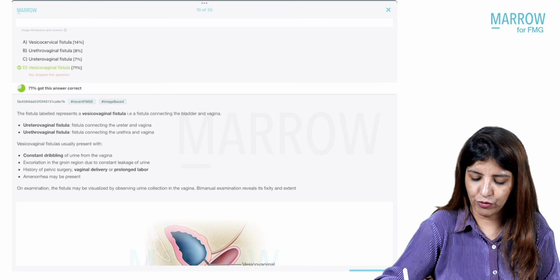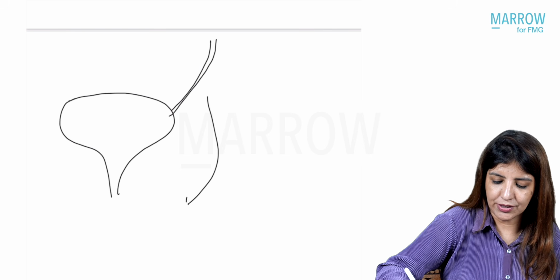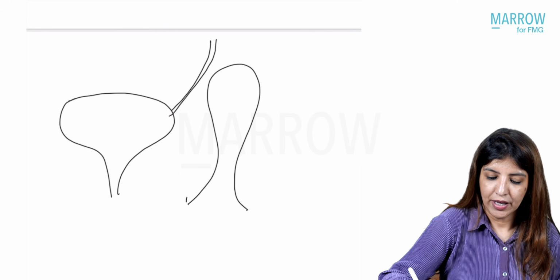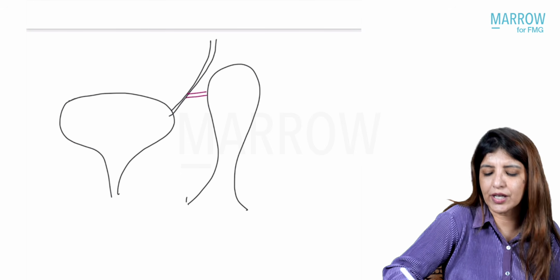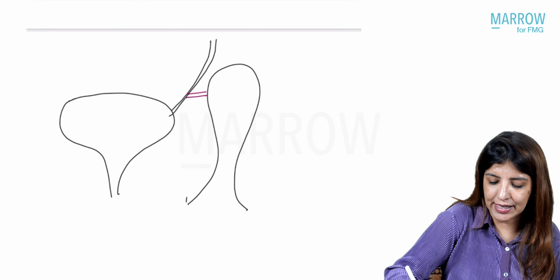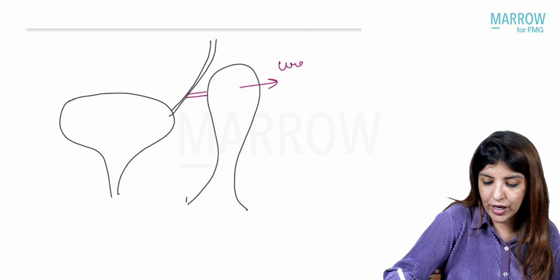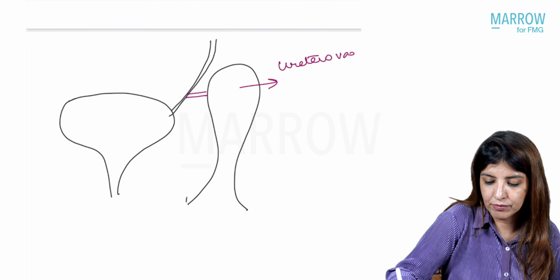I'm drawing the bladder for you. This over here is the bladder, right? This over here is the ureter, and this is the vagina. Now, if there is a fistula which connects the ureter to the vagina, that is a ureterovaginal fistula.